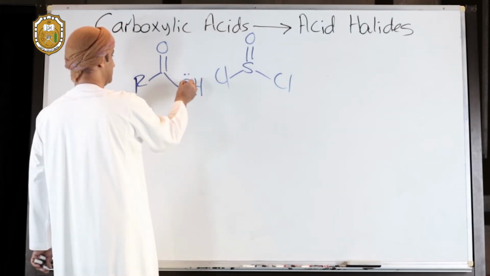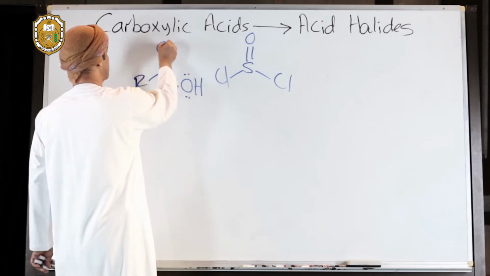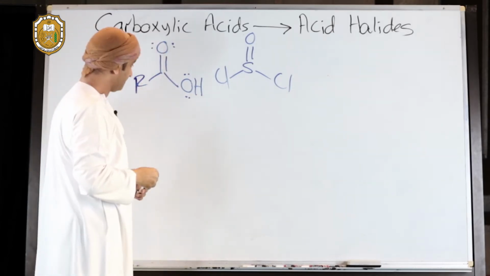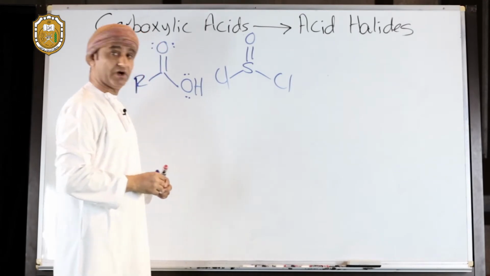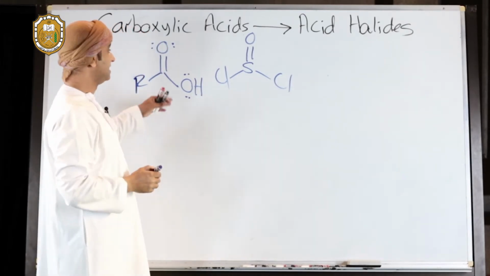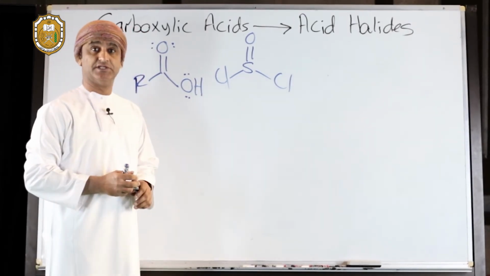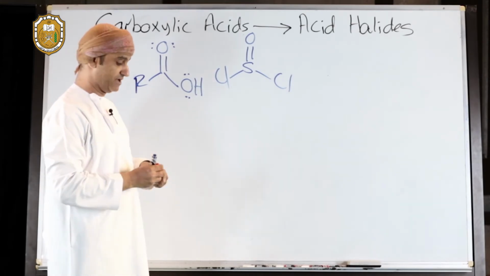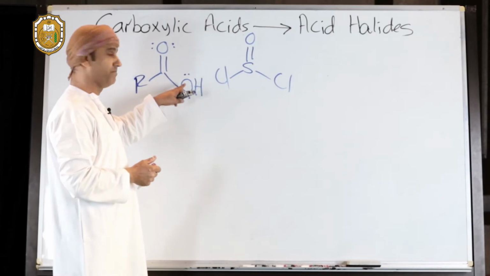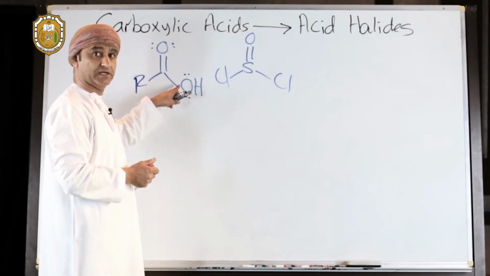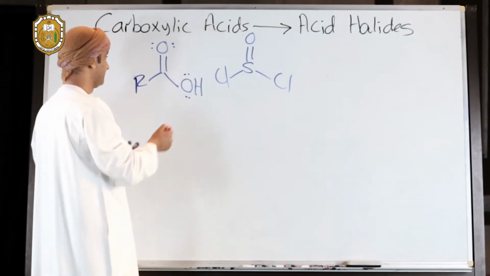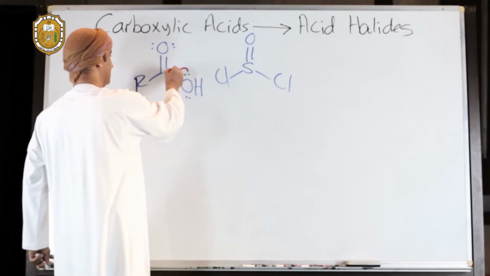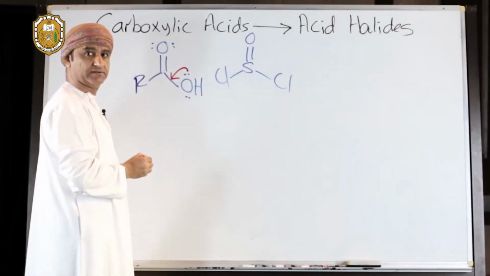2 lone pairs on each of these oxygens of carboxylic acids. The question is, which of these is actually basic? We can prove that separately, but for now, we can move a lone pair from this oxygen to make a double bond here, something like that.